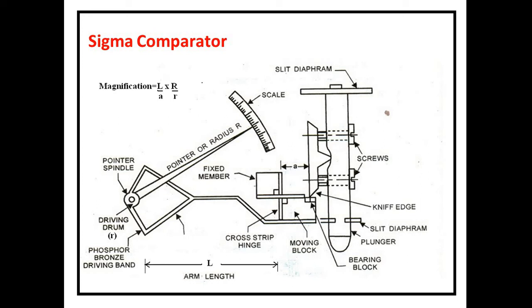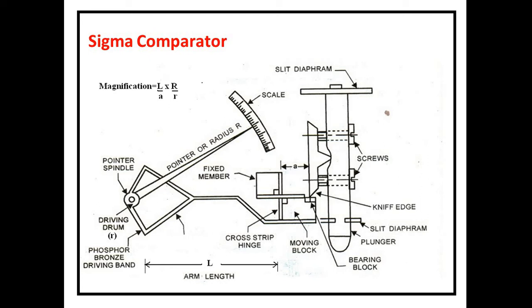This is the drum, you can see. So this strip is moving over this drum also. The radius of this drum is small r. Now this drum is not single. This drum drives a pointer. This is the pointer. So this pointer is attached to this drum, so whatever is the movement of the drum is transferred to this pointer.